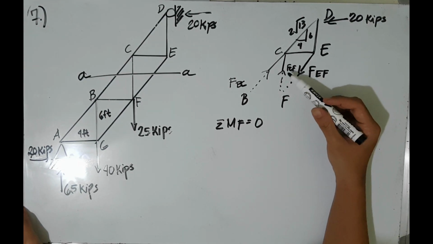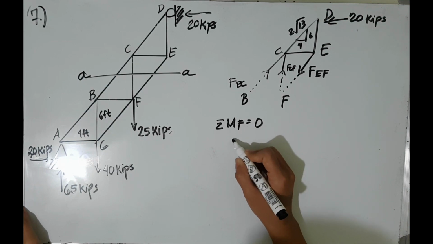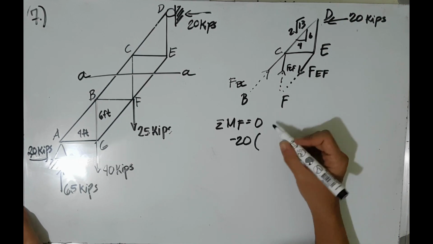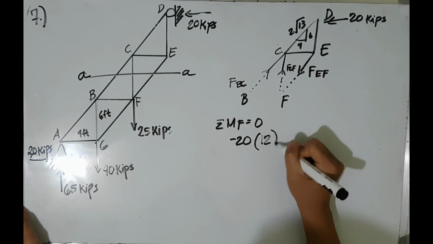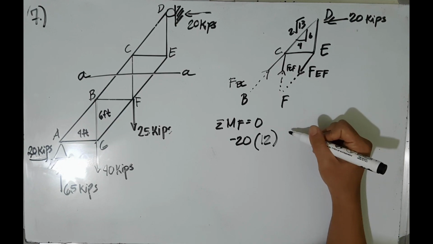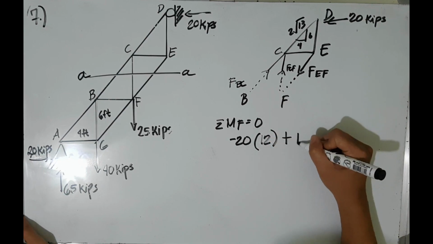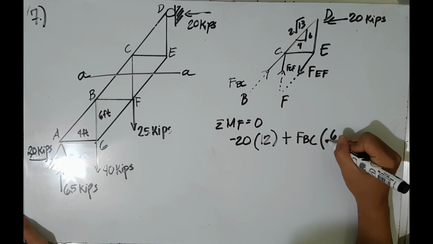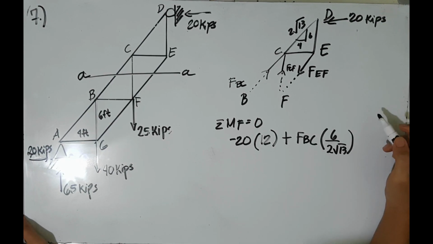So negative 20. The moment arm is 12. And then the vertical force acting on member BC. So 6 force BC multiplied by 6 divided by 2 square root of 13 is equal to 0. No, the moment arm is 4, then equal to 0.